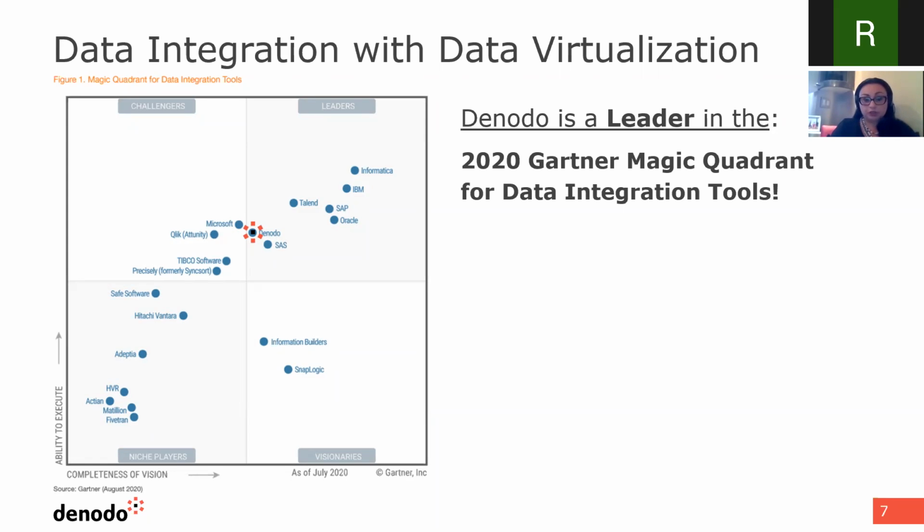This shows you that Gartner was right. Data virtualization is going to play a critical role in data integration into the data fabric itself by creating a logical data fabric. And this is what we'll be talking about next.